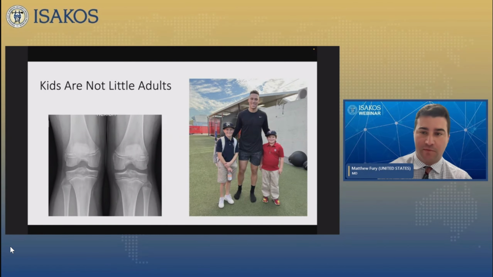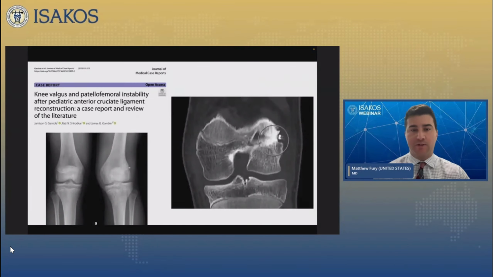The picture on the left shows the pediatric skeleton in the presence of physes, which complicates our decision making, complicates our surgical techniques, and takes a lot of thought in how we work through the effective and appropriate treatment for these patients. Because what we're trying to avoid is a situation like this, where you perform a surgery or reconstruction which ends up producing a physeal bar formation and a clinically significant growth disturbance.